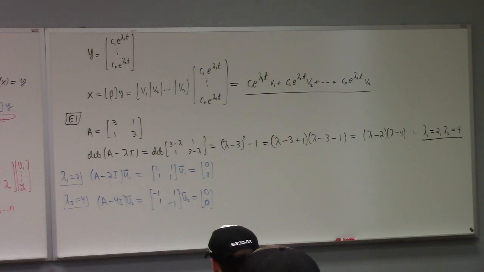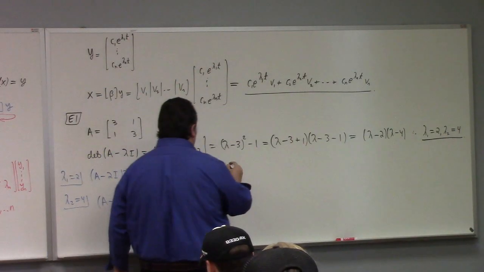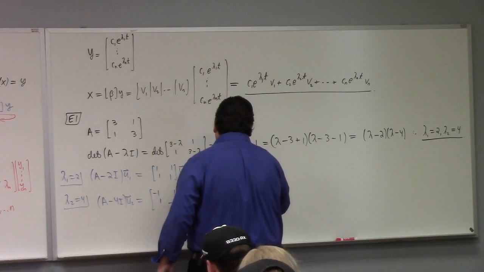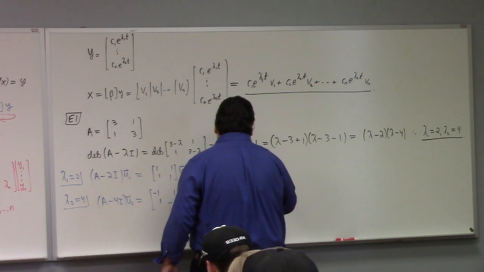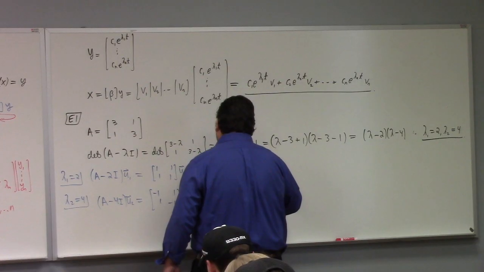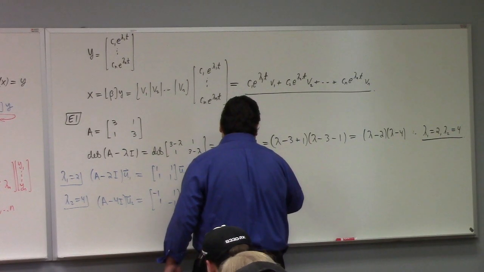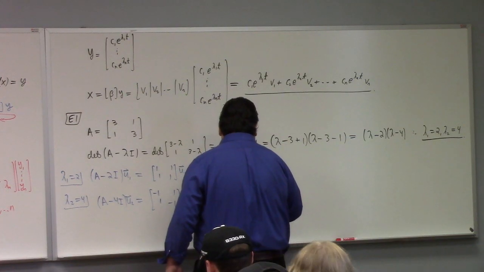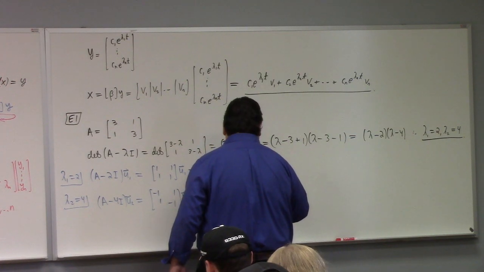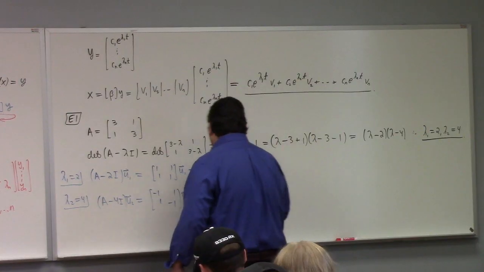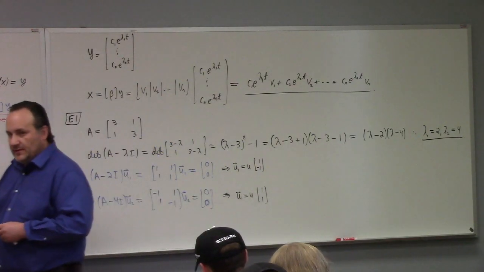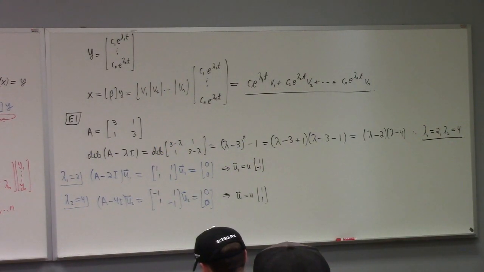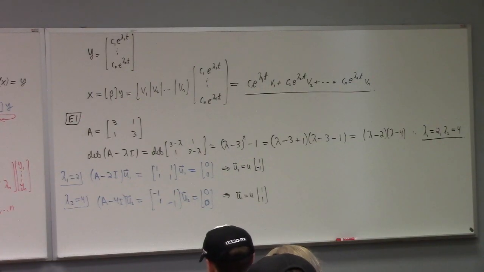If you look at this, this tells me that u1 is basically anything u times the vector, let's say, (1, minus 1). And this tells me that u2 is anything u times the vector (1, 1) will do. You can check that what I wrote down is legitimate, right?